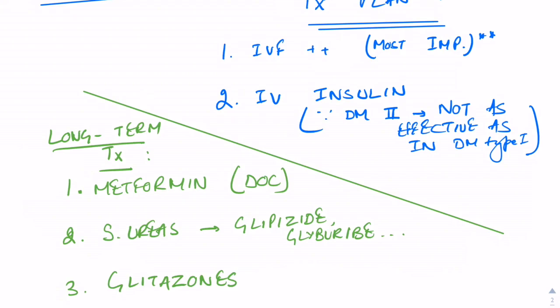Second, you can try sulfonylureas, which increase the insulin production, drugs like glipizide, glyburide, and lastly, the glitazones are good drugs if you're running out of options.